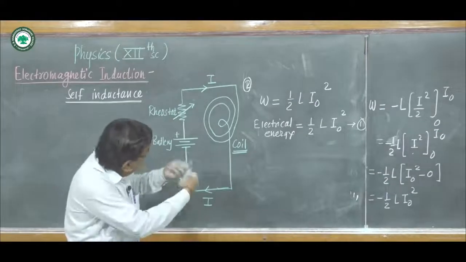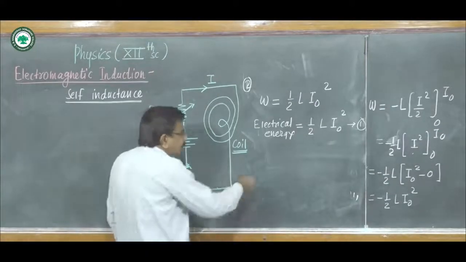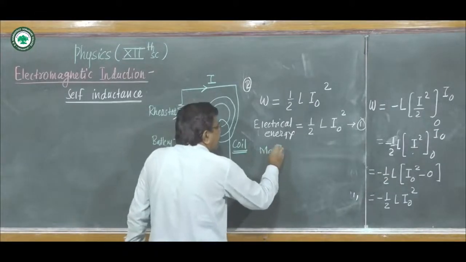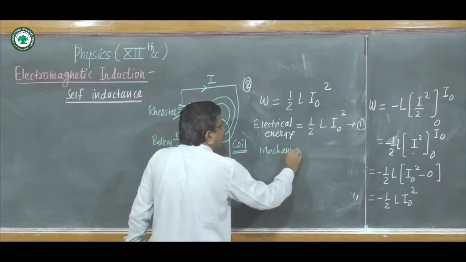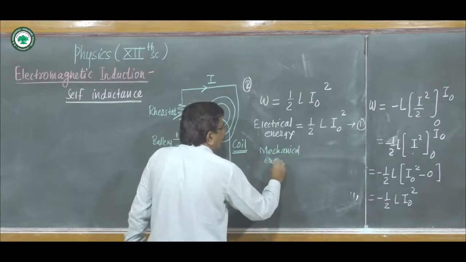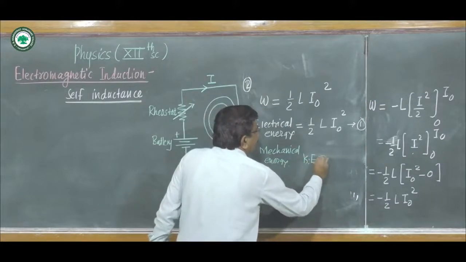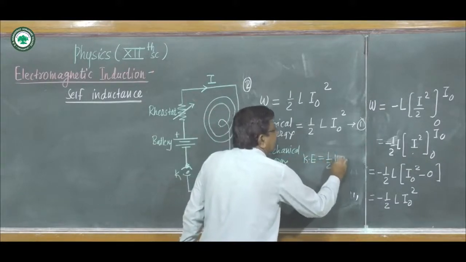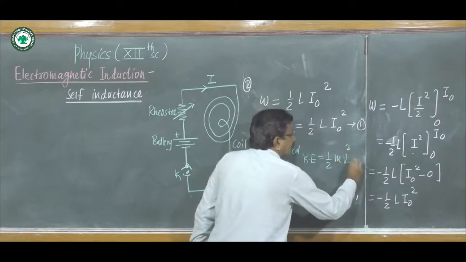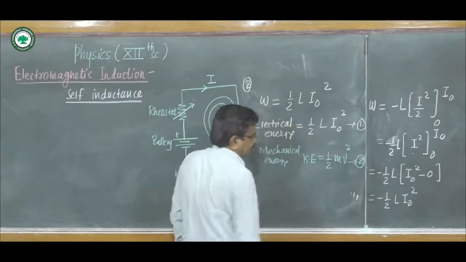Now mechanical energy in the form of kinetic energy, we know, is 1/2 mv square. Suppose this is equation 2.